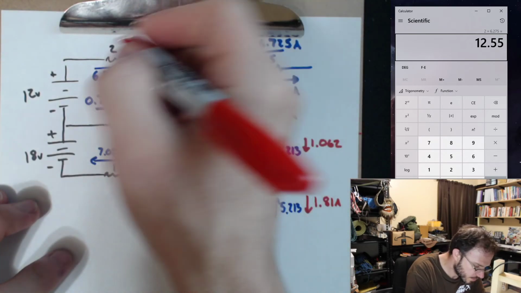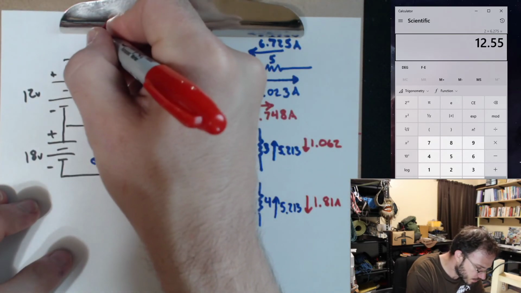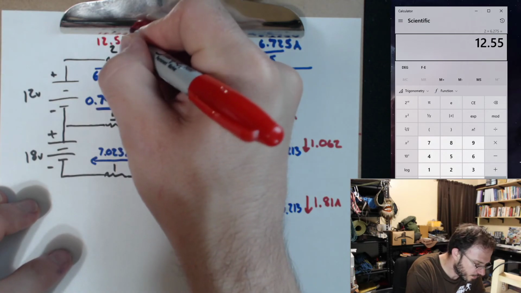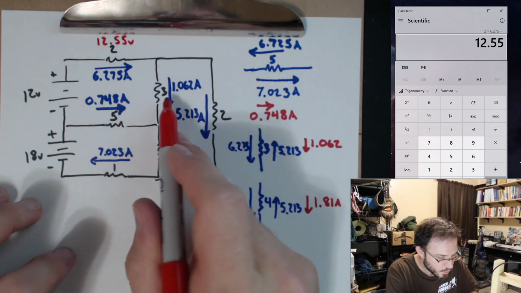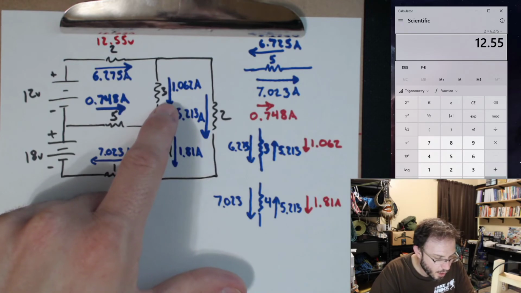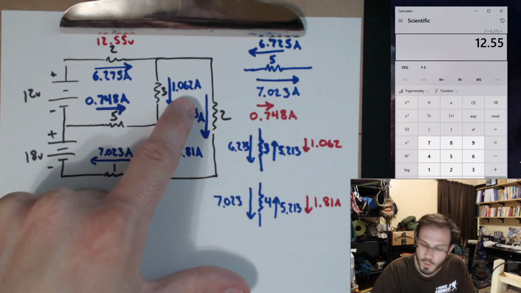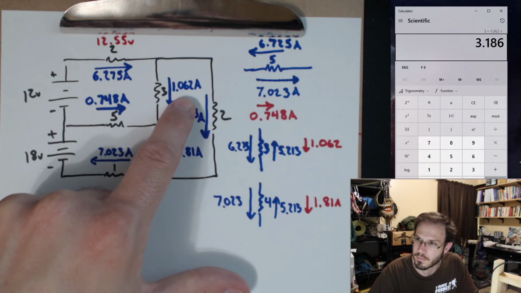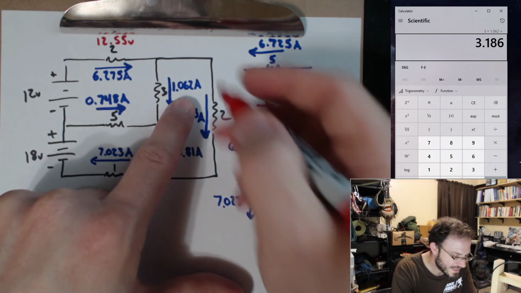That's 12.55 volts. Let's do this one over here. We have 3 ohms times 1.062 amps, which is 3.186.